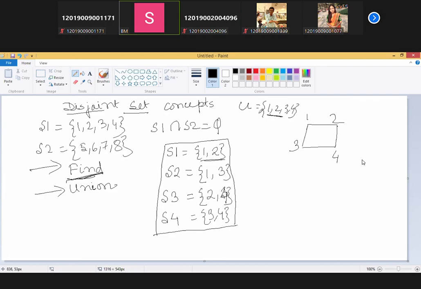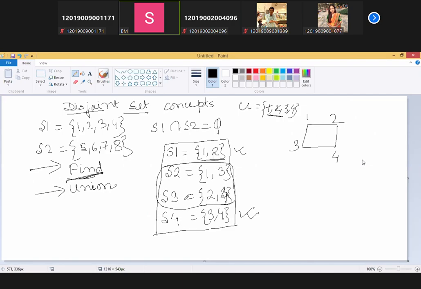Now, when you are making these sets, you can take 1 and 2 at the beginning. Next, you have 3 and 4, so you can make this one also. Is it possible that we will get these S2 and S3 without any problem?